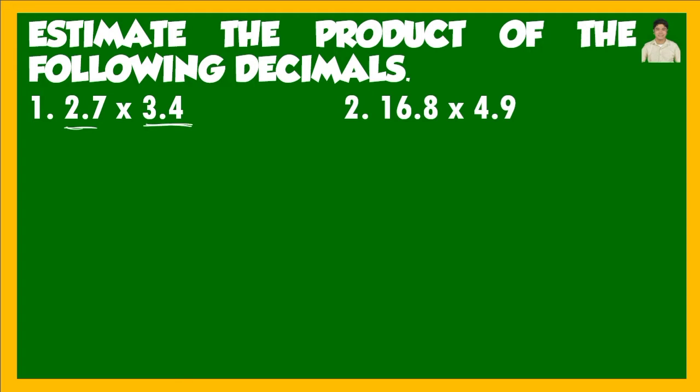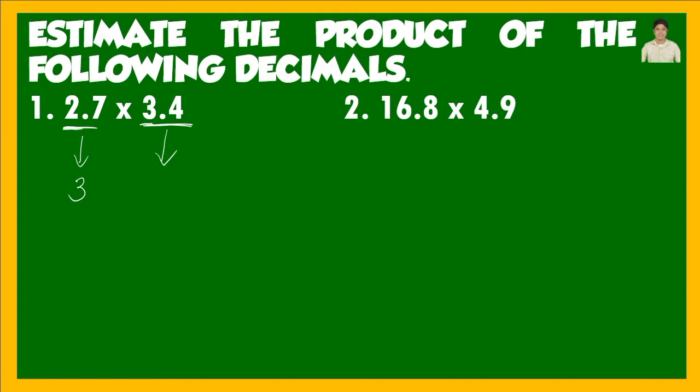Yung 2.7, kapag ni-round off po natin yan, magiging 3 po yan. Kasi, ito yung ones digit natin, 2, and then yung kasunod na digit niya is 7, which is greater than 5. Kaya magiging 3 na po siya. And then, yung pangalawa naman, 3.4.